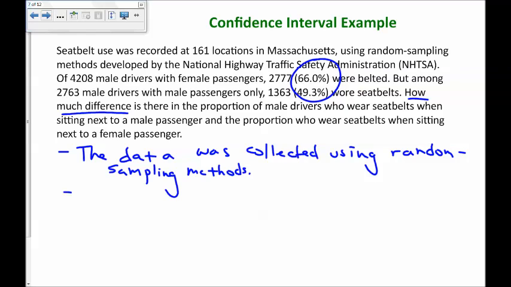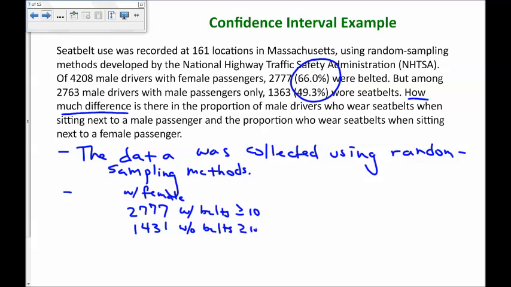Just to organize my data, I will say with female passengers, there were 2,777 with belts, which is more than 10. And there were 1,431 without belts, which is more than 10.